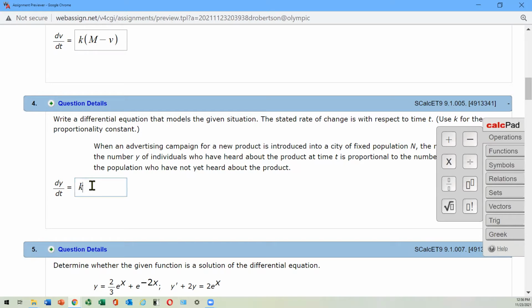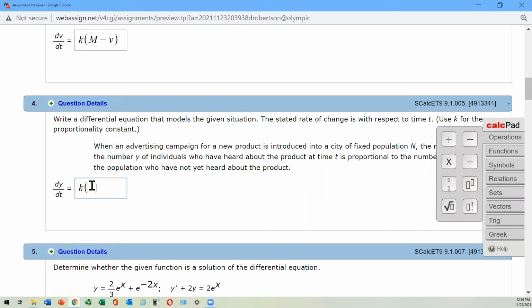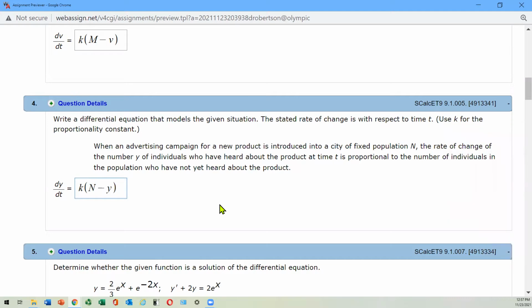Now, y is the number of individuals who have heard. The number who haven't heard it is then the entire population take away those who've heard about it. And that's that one done.